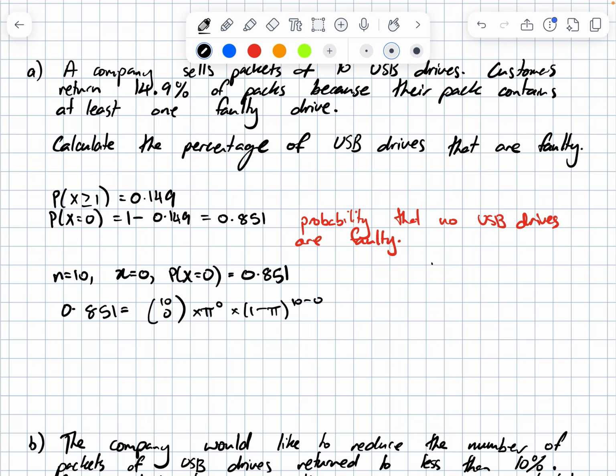Now you can do the thing in brackets, 10 choose 0. You can in your calculator use the combinations formula, or you can realize that that is just n factorial over n minus x factorial times x factorial. So in this case we have 10 factorial over 10 minus 0, which is just 10 factorial, times 0 factorial, times 1 minus pi to the power 10.